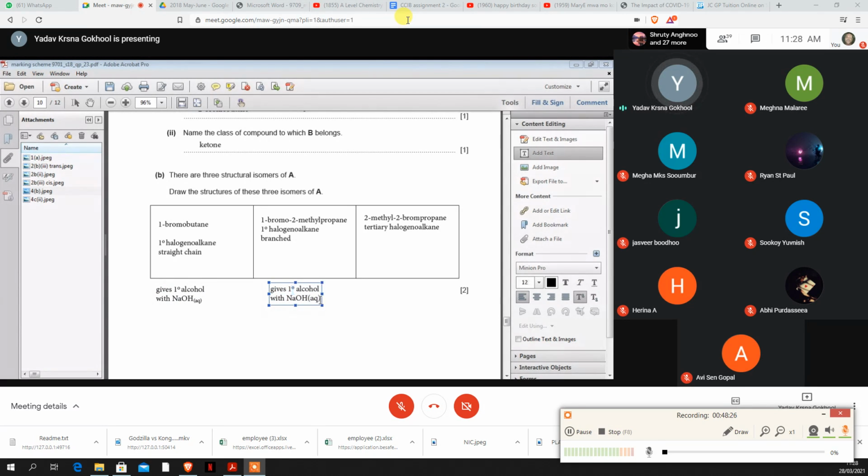I can add up something which is branched. It will be a branched one because in the halogenoalkane itself we have a branch, and then this one is going to give us a tertiary alcohol with NaOH.